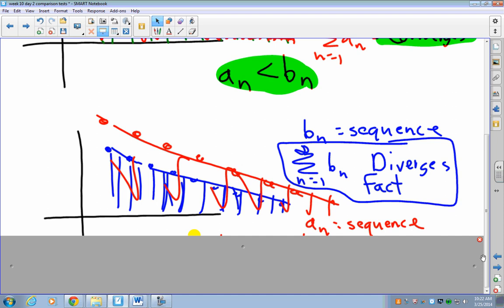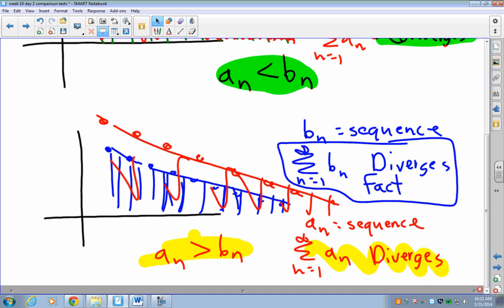If I can give you any guy that's bigger than the blow up, he also should blow up. So if you're bigger than a diverger, you blow up. If you're smaller than a converger, you converge. That's the whole visualness of the direct comparison test.